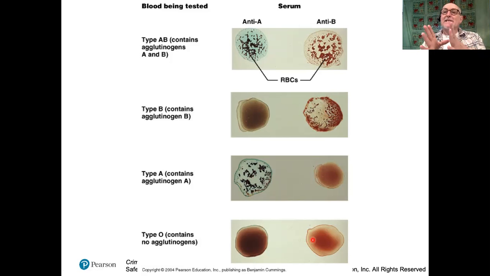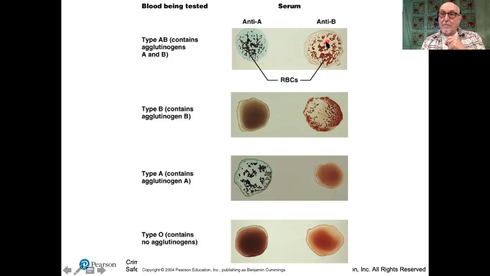The antibody is testing for the presence of the antigen that it reacts against. Anti-A is testing, is A antigen present? If it is, it'll agglutinate. Anti-B is testing for the presence of B antigen. If it's present, it will agglutinate. So it will stick together. In this case, anti-A will stick together A type blood and AB.